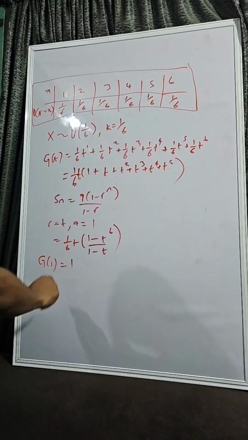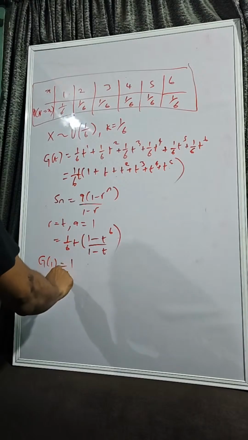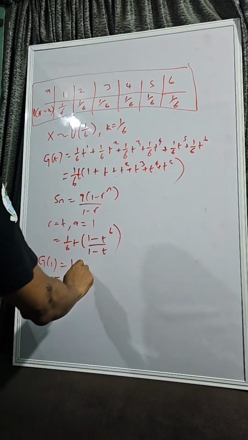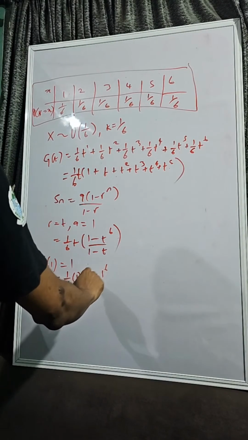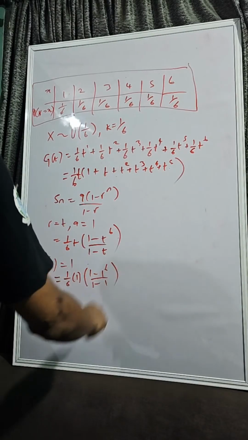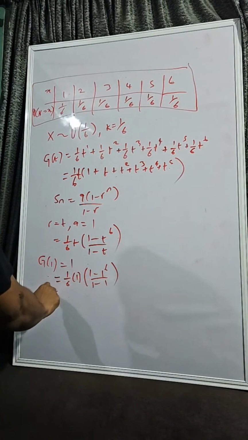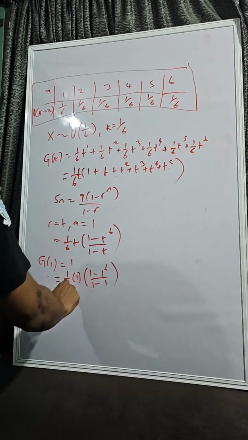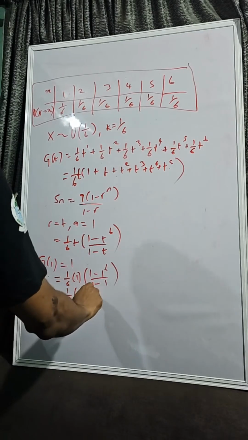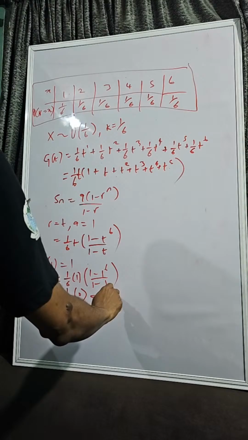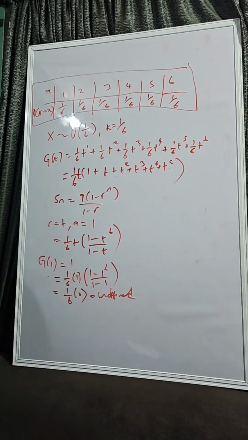So let's put 1 in our T and see if we are going to get 1. 1/6 times 1, 1 minus 1 raised by 6, over 1 minus 1. So in this case, you have 1/6 times 0 over 0, which is undefined.